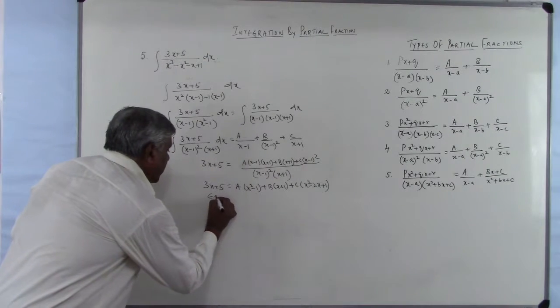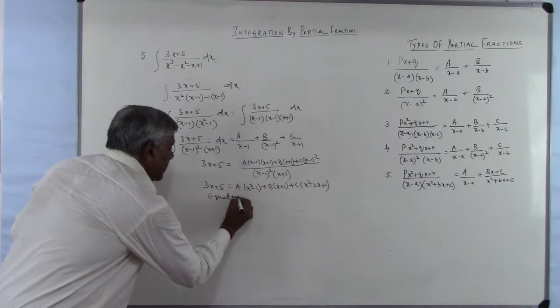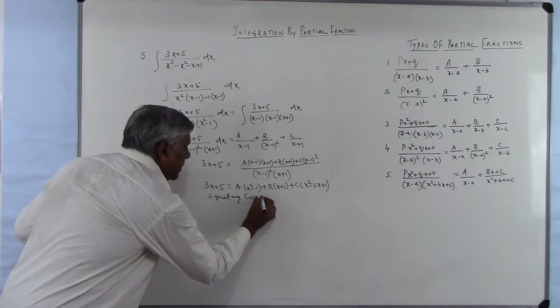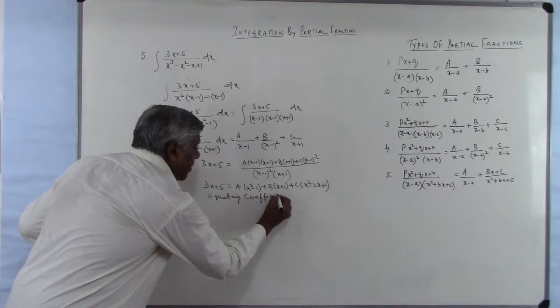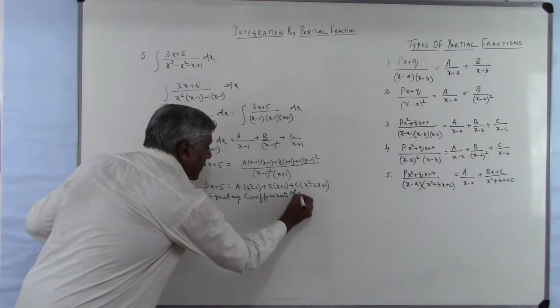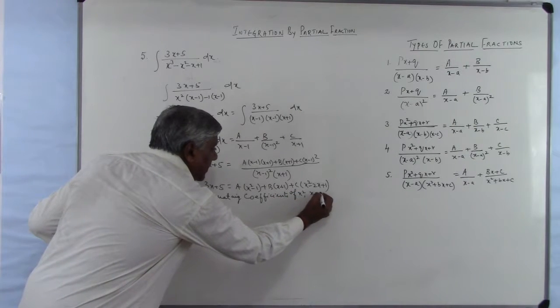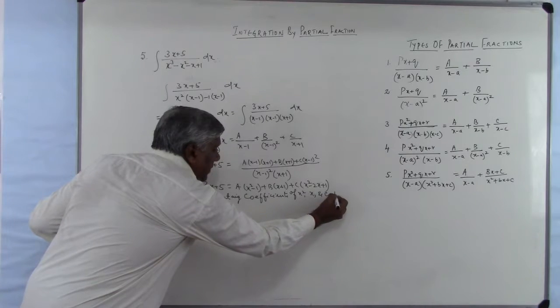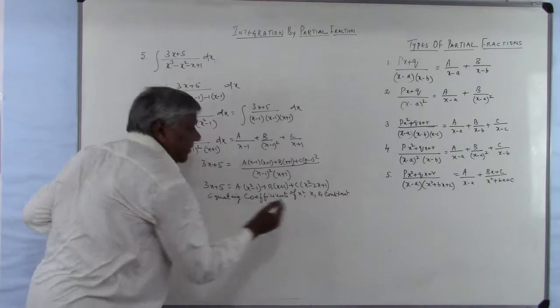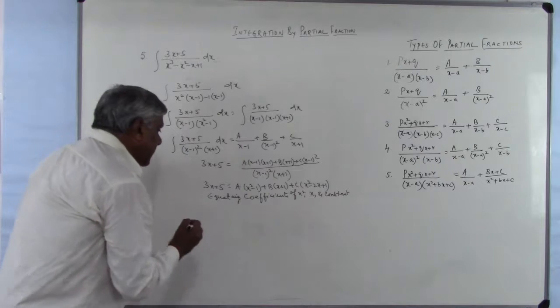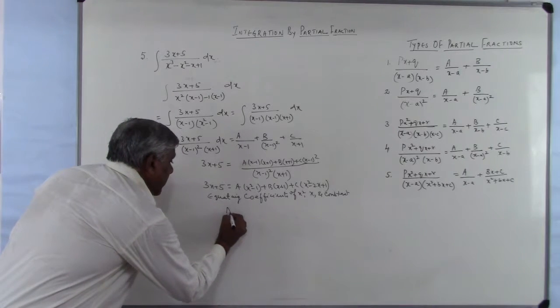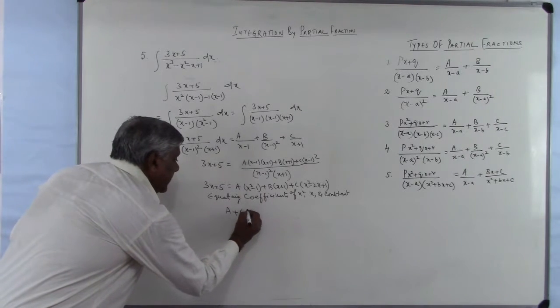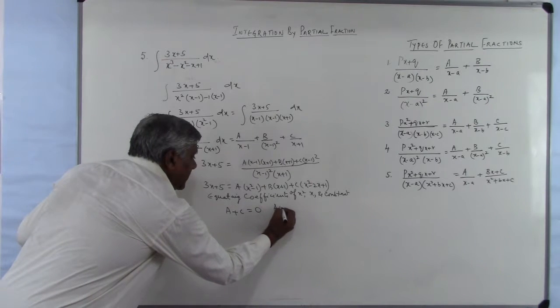So equating the coefficients of x square, x and constant, same as what we have done in the previous problem. Now here a plus c is equal to 0, a is equal to minus c.